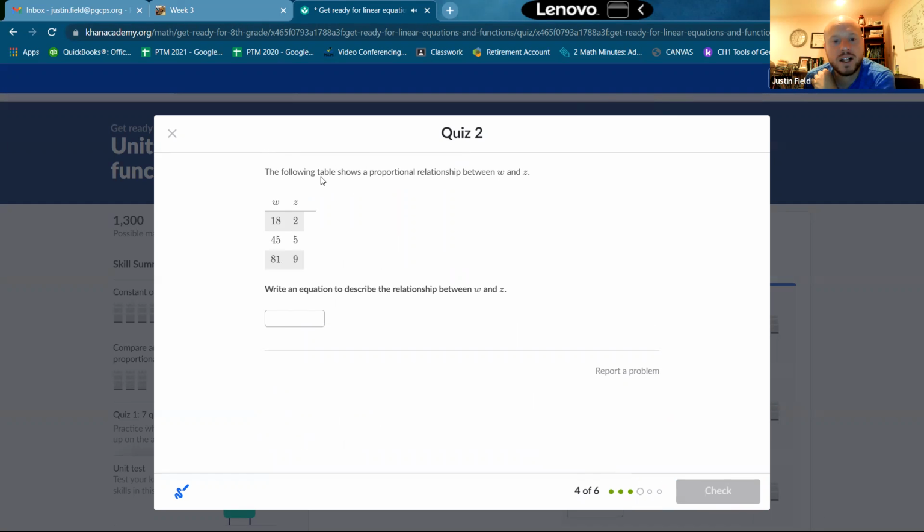The following table shows a proportional relationship. Write an equation. Let's write this little formula down: y equals mx. And m is going to represent the constant of proportionality.